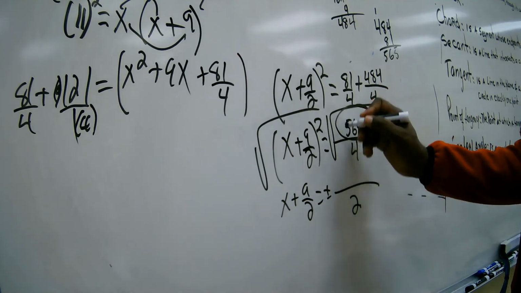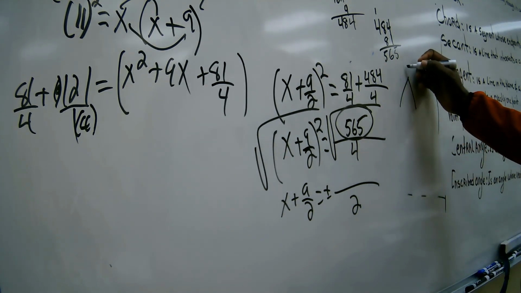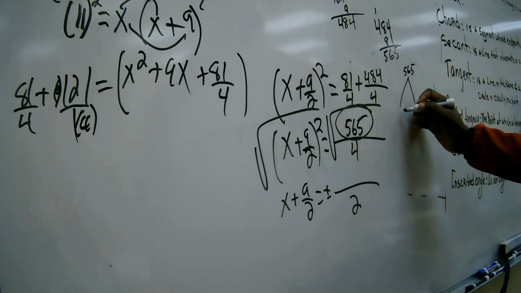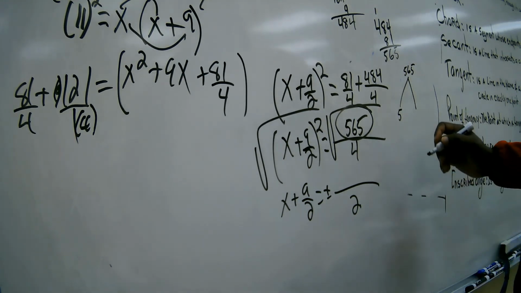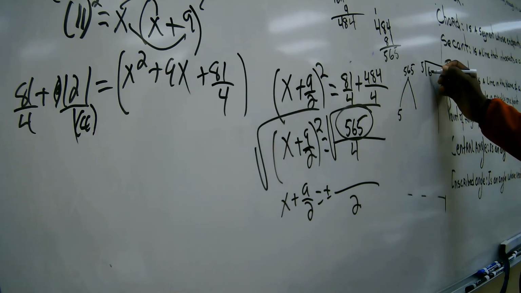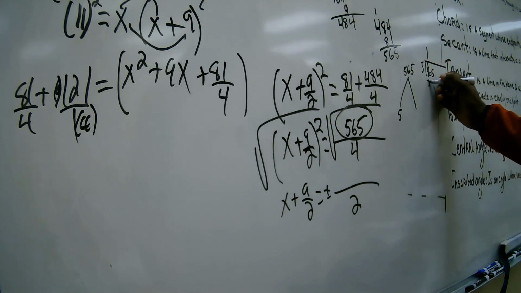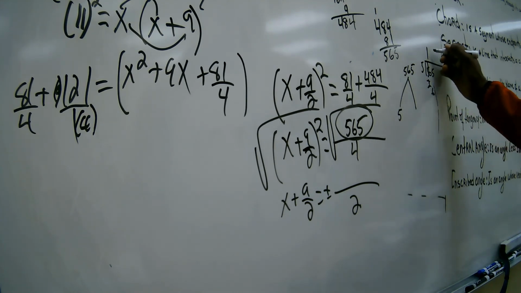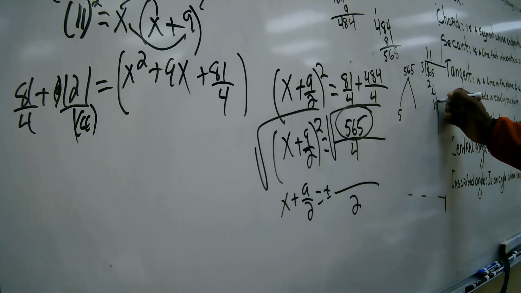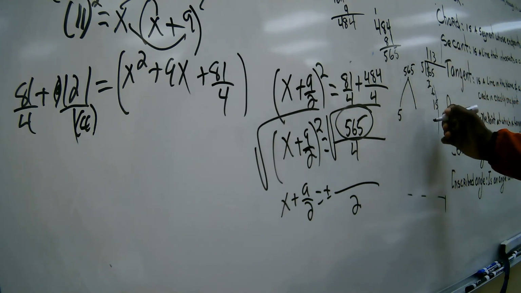So we're going to see how we can factor that. We're going to factor 565. Let's try dividing by 5. On the calculator, if you take 565 divided by 5, that will give you 113.